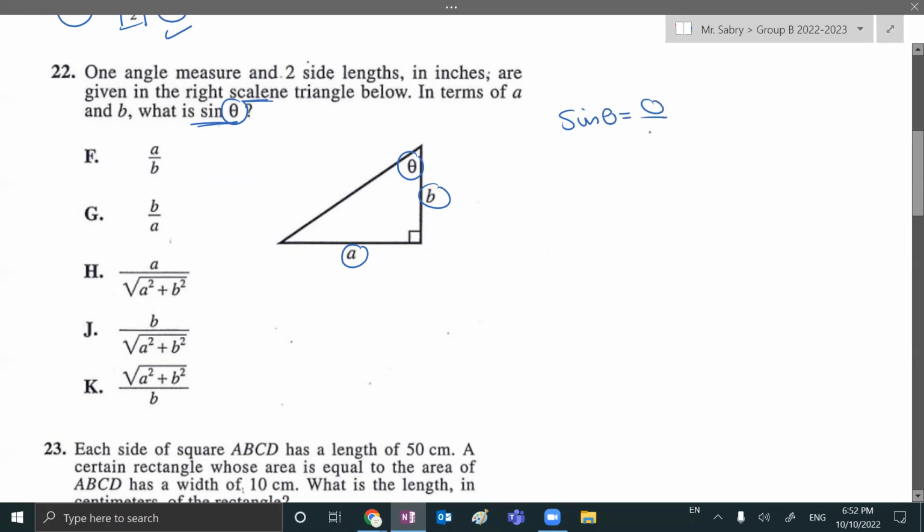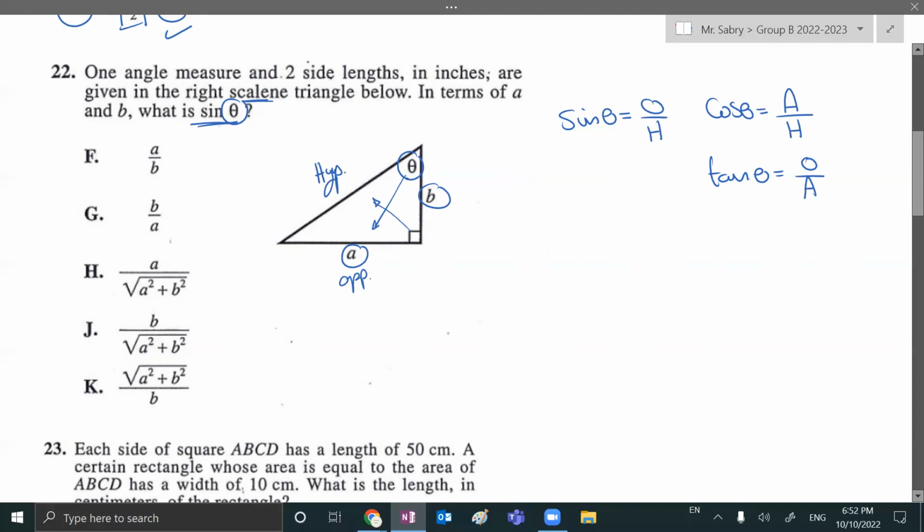The sine is supposed to be opposite over hypotenuse, and the cosine is supposed to be adjacent over hypotenuse, while the tan is supposed to be opposite over adjacent. So if I'm talking about this angle, the opposite is this side here. This is what's considered the opposite. And the one in front of the 90, that's what we consider the hypotenuse.